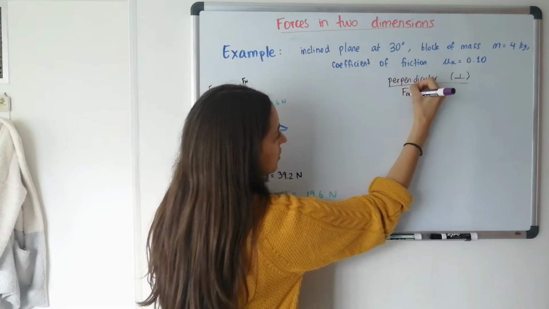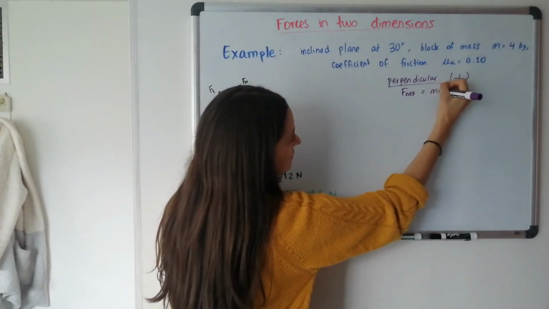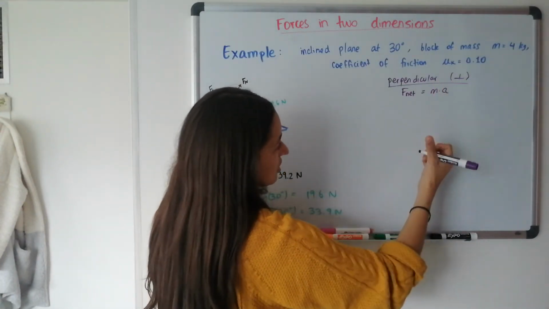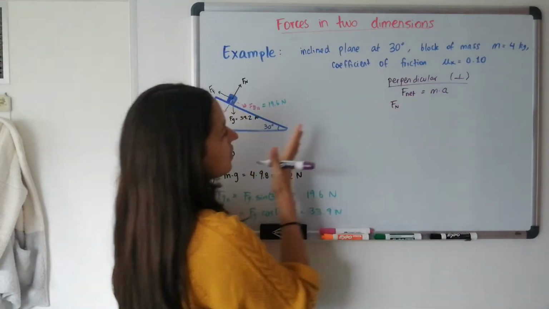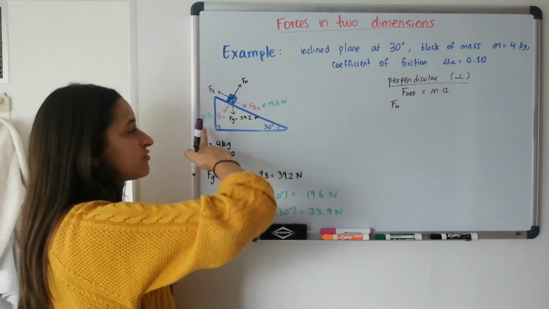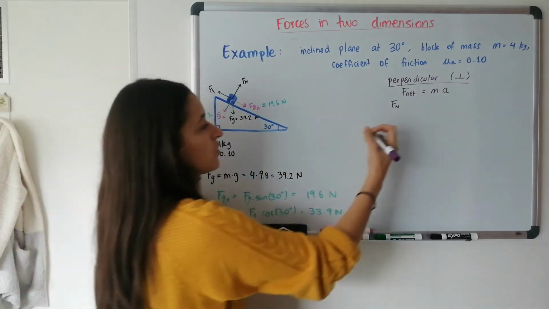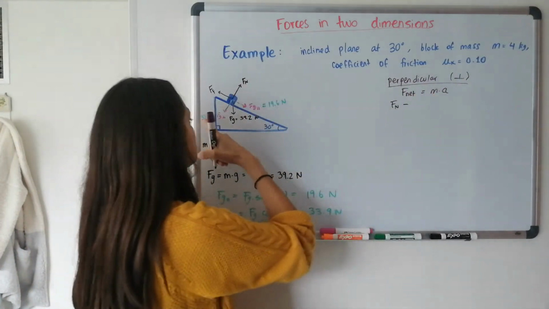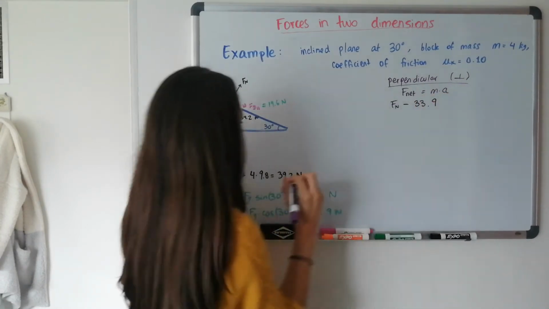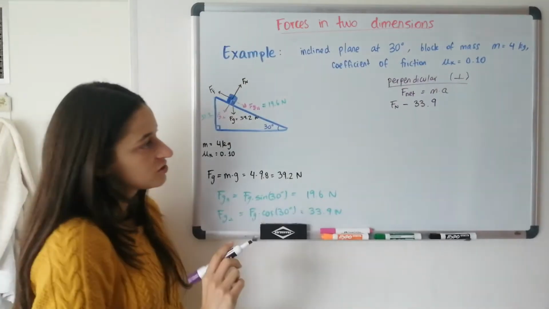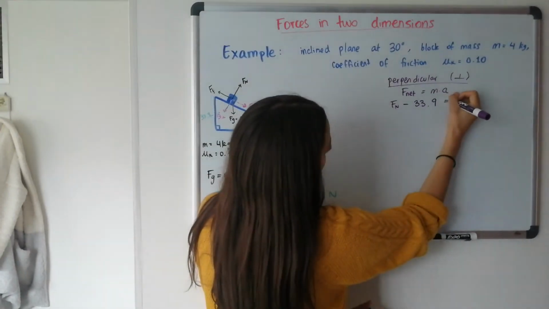So again, we're going to do our equation. Net force is mass times acceleration in the perpendicular direction, and the net force is the normal force in one direction. And opposing the normal force is this component, so we subtract that component, which is 33.9. And there's no more forces in perpendicular, so we equal that to mass times acceleration.